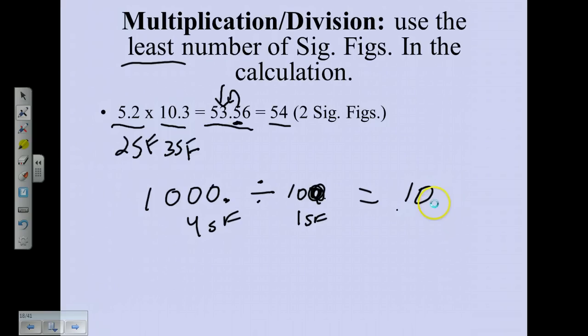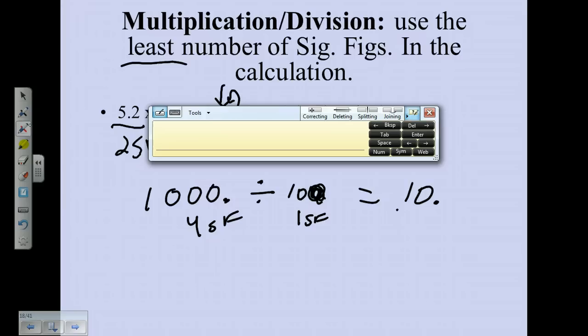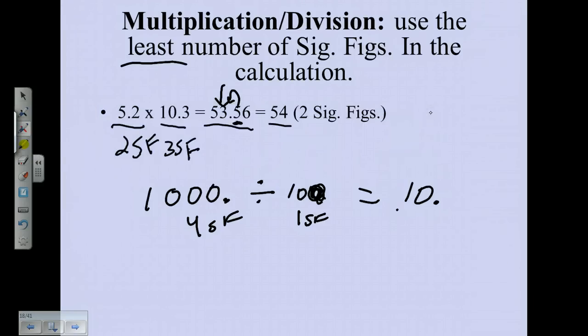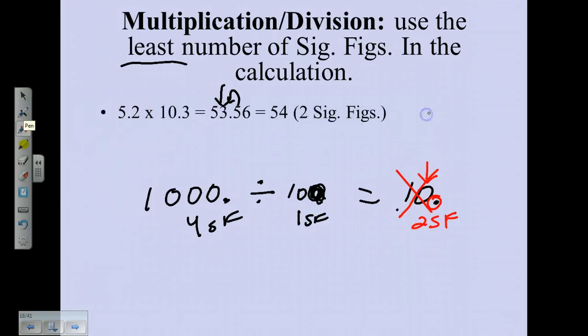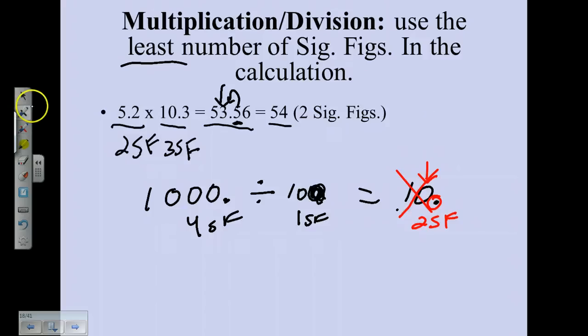Now, had we put a decimal point there, this would be a wrong answer because that decimal makes this 0 significant. So then this would have 2 sig figs. We want only 1 sig fig, so the answer is just going to be 10.